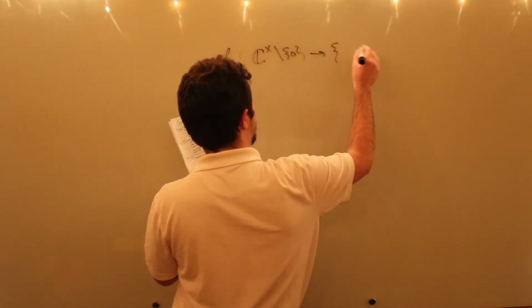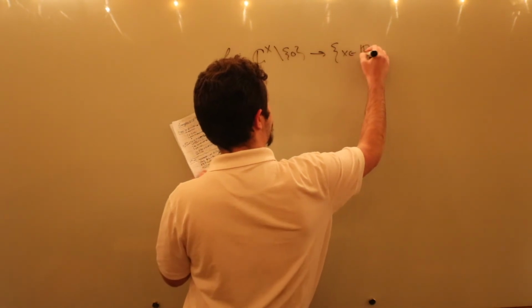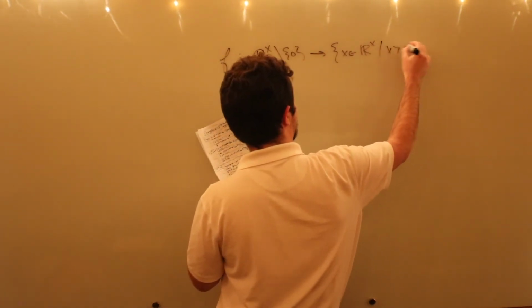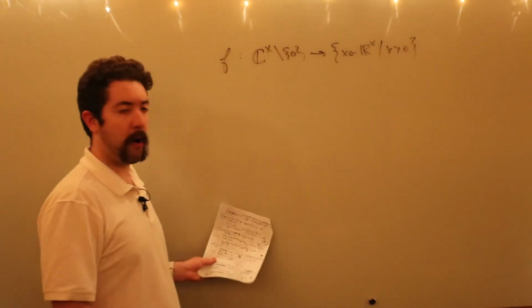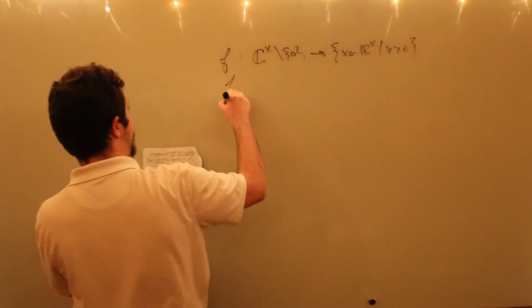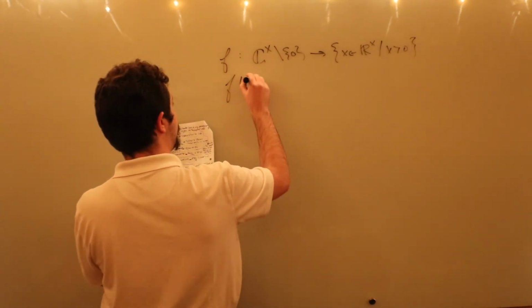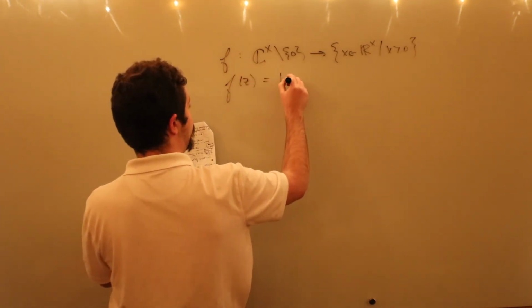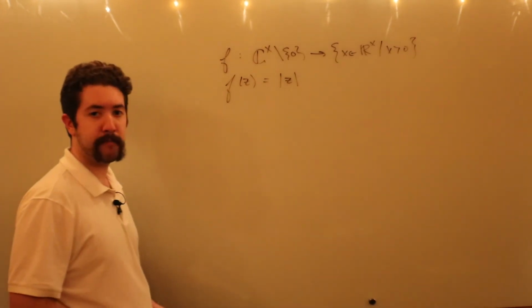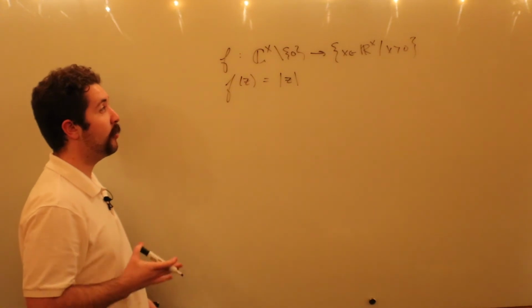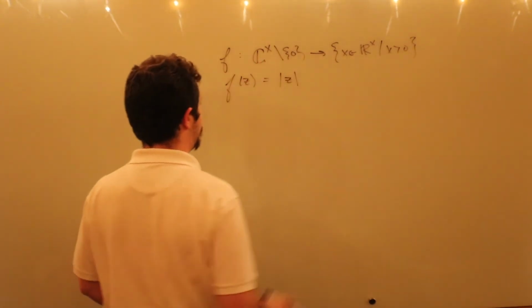So we have x in the multiplicative real numbers such that x is greater than 0, and f is given by f of z equal to the modulus of z. We proved before that it is indeed a homomorphism from this group into that group.